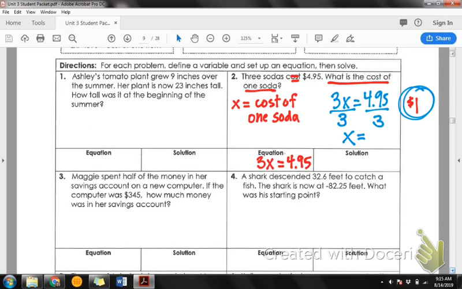Mm-hmm. Okay. So x equals 1.65 per soda. That's fine. I won't count off if you don't put the dollar sign. But it's $1.65 per soda. Any questions on number 2?